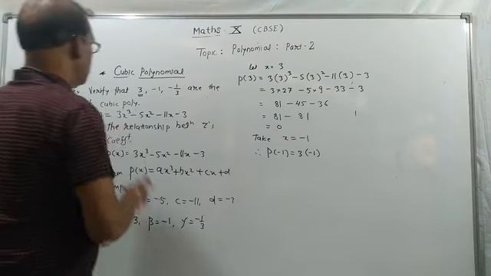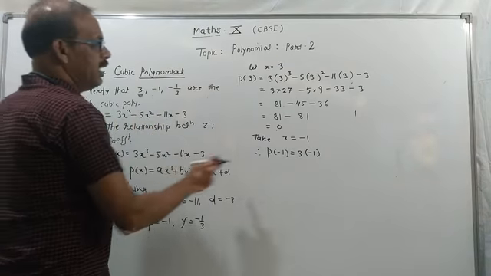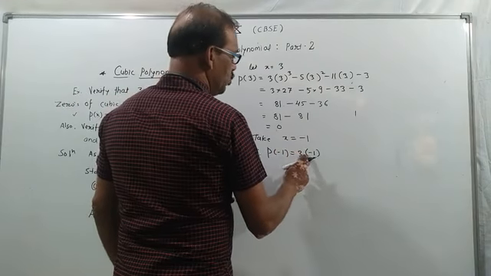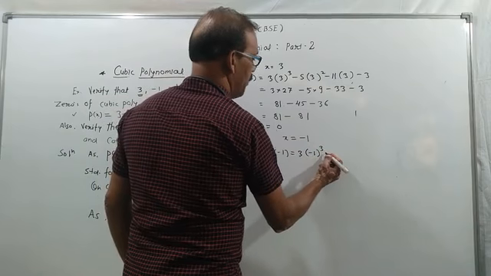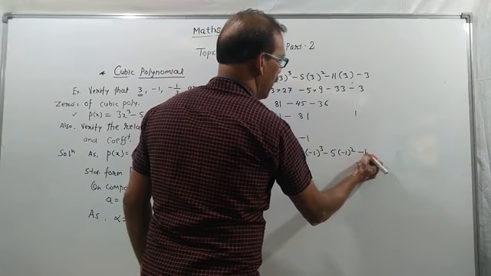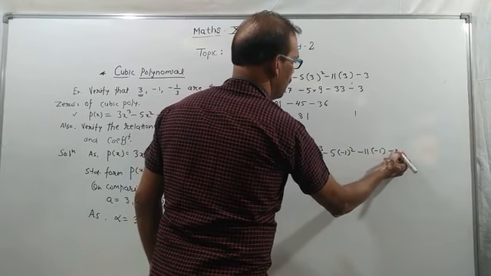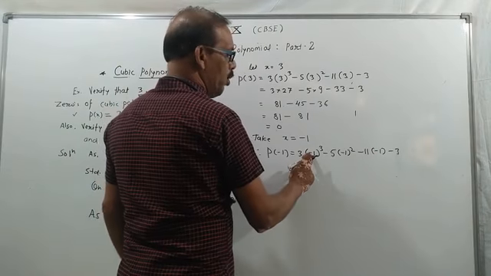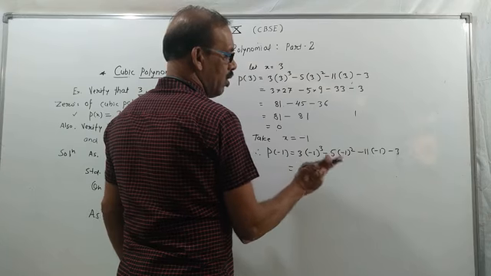We replace every x by minus 1. Again we simplify this right hand side. Cube of any negative number is always negative.